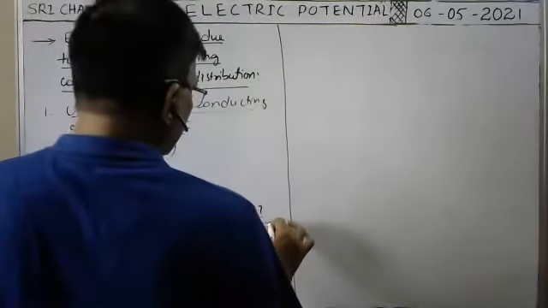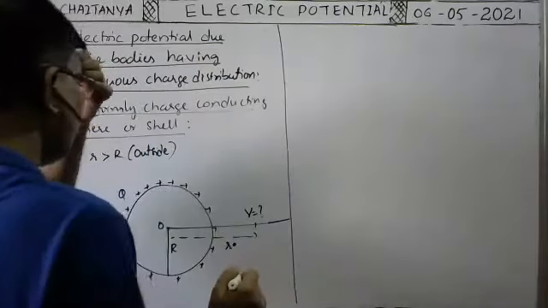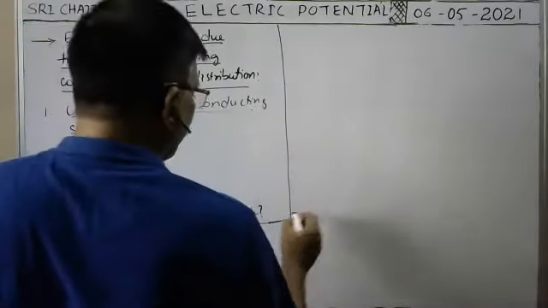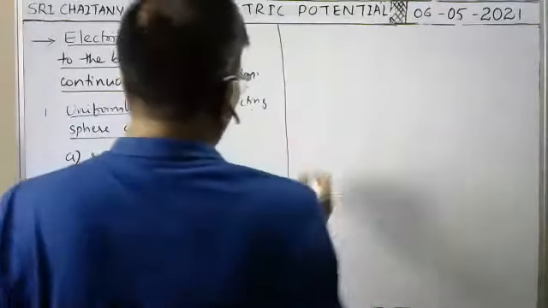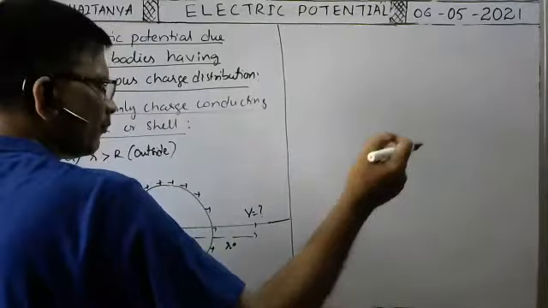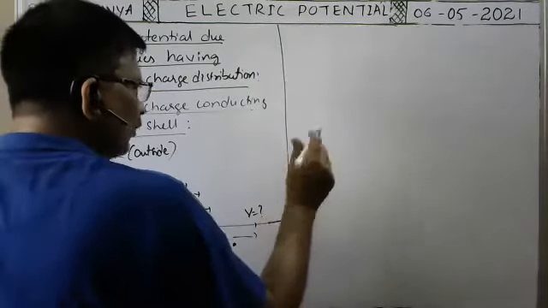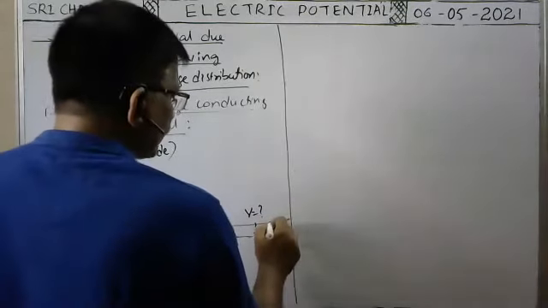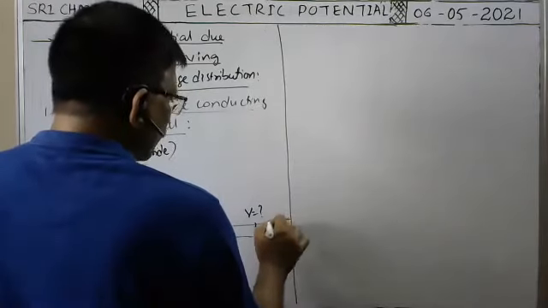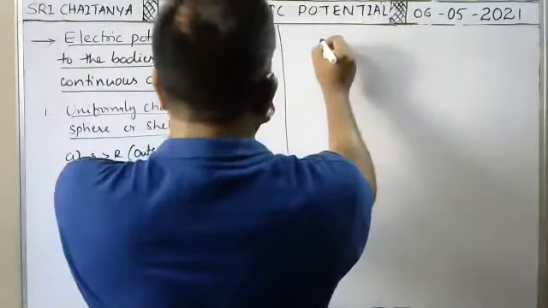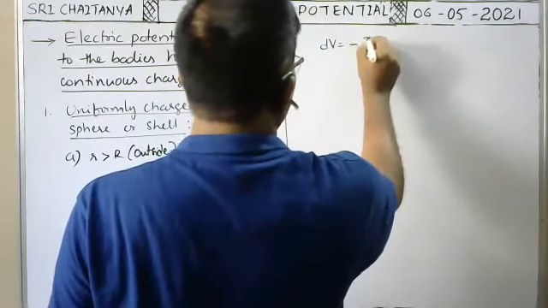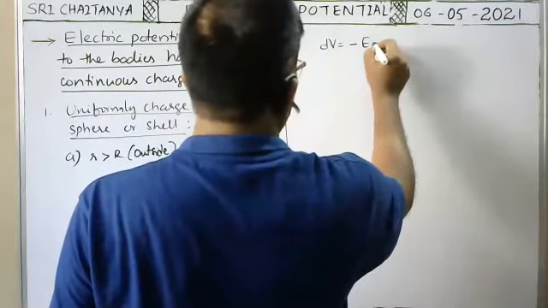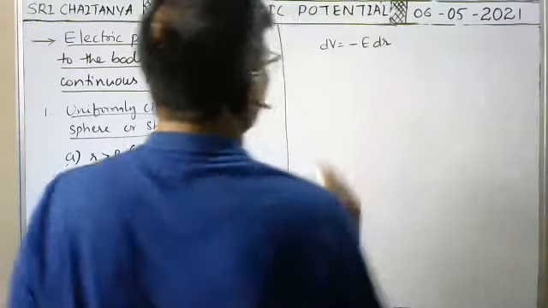Okay, for that, to bring the unit test charge from infinity to a point, already we have a formula. When you bring the unit test charge from infinity to a point, or move the unit test charge through a small distance dr, the potential difference is dV equal to minus E dot dr, or E into dr, we can write now.